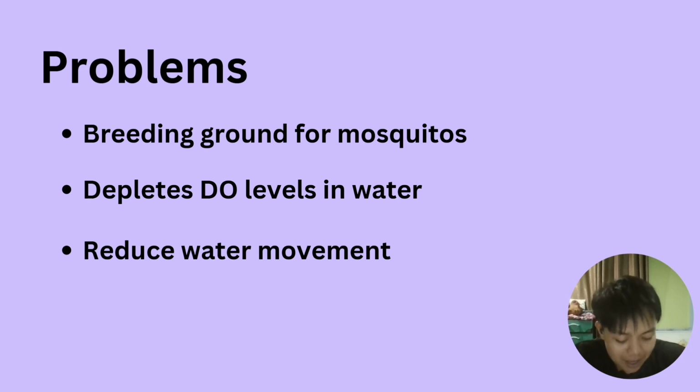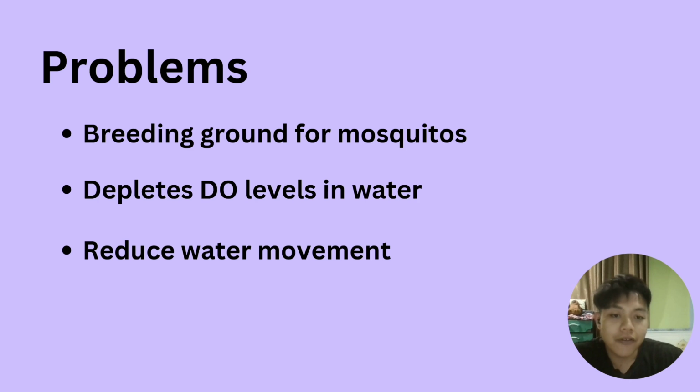Yes, and for our fish to eventually survive, because we all know all living things require oxygen. So with this, other marine species too are affected, which then can cause damage in our surrounding ecosystem.